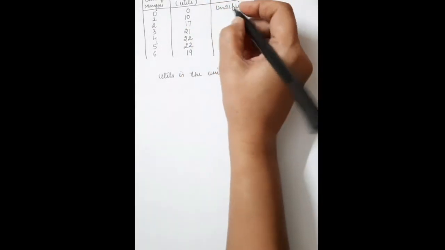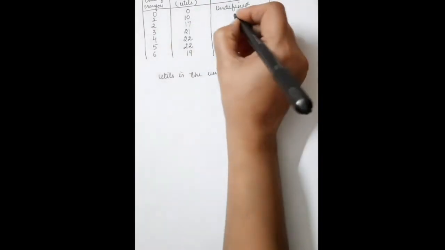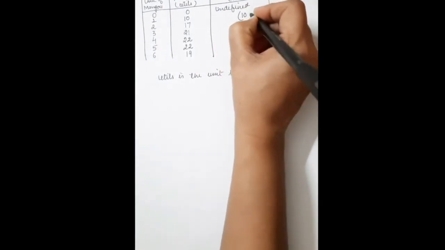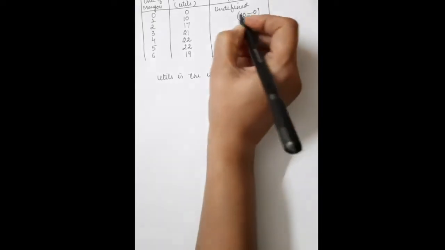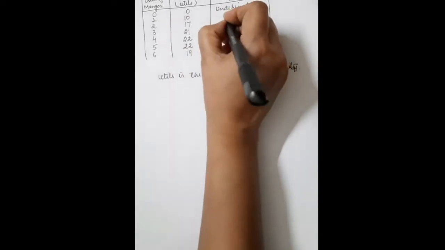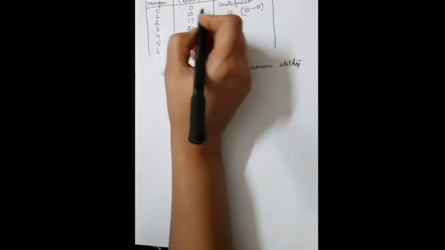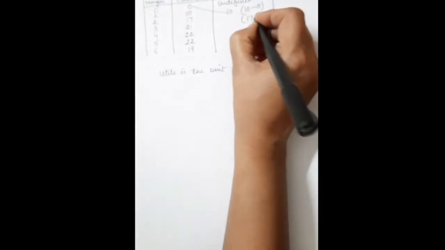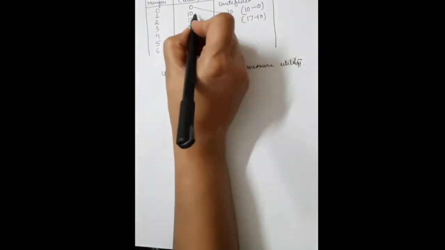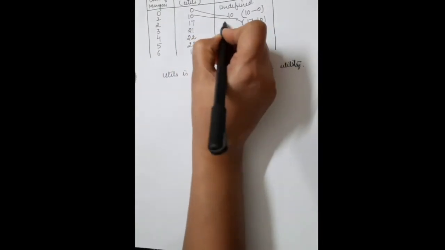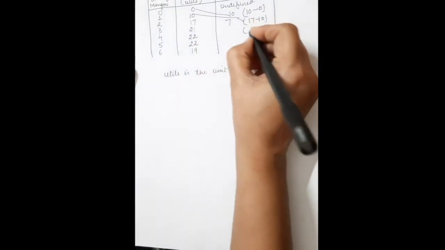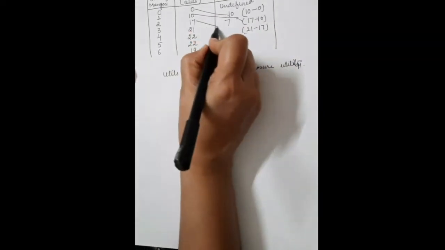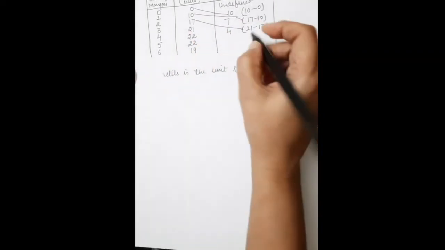We derive marginal from total by subtracting. 10 minus 0, the marginal satisfaction is equal to 10. Then 17 minus 10, the marginal satisfaction is equal to 7. 21 minus 17, marginal satisfaction is equal to 4.